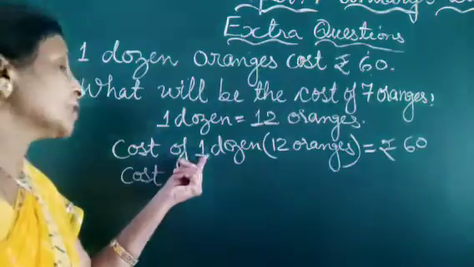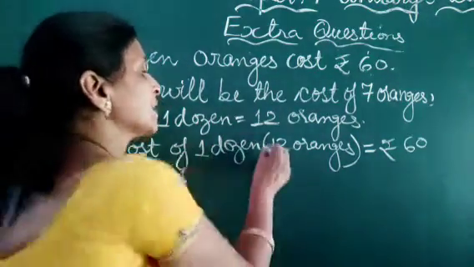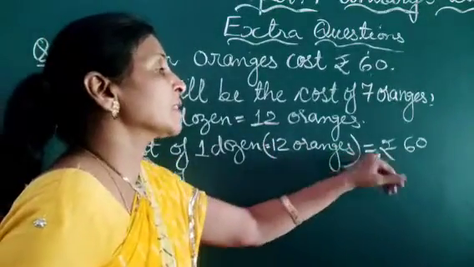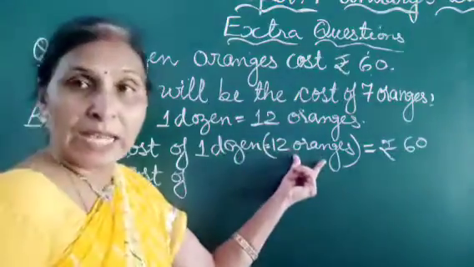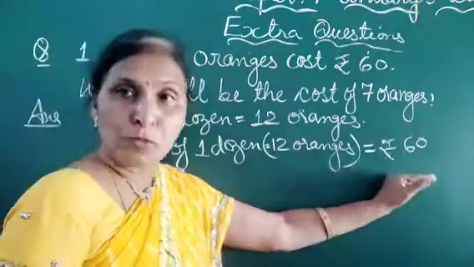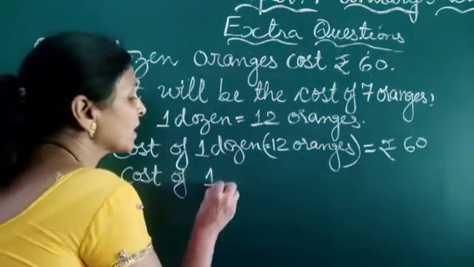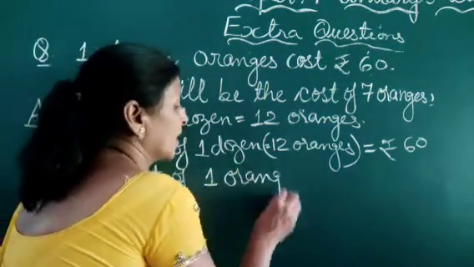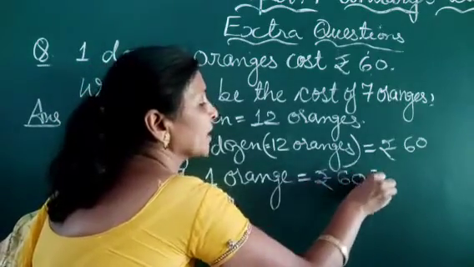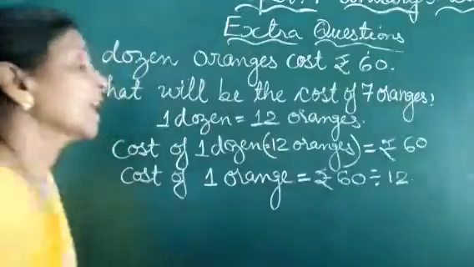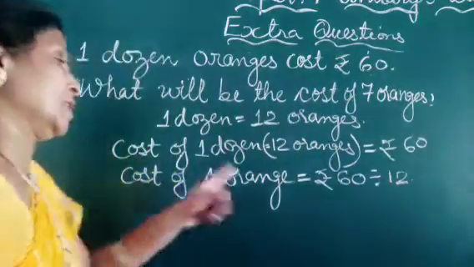So we write in the first line, cost of 1 dozen, that is 12 oranges, is equal to rupees 60. It means the cost of 12 oranges is equal to rupees 60, and we find the cost of 1 orange is equal to rupees 60 divided by 12. Then only we can find out the cost of 7 oranges.